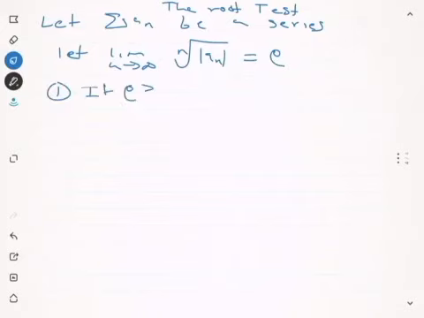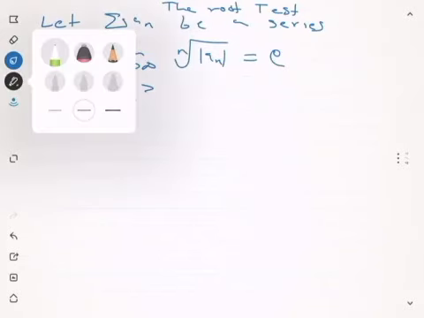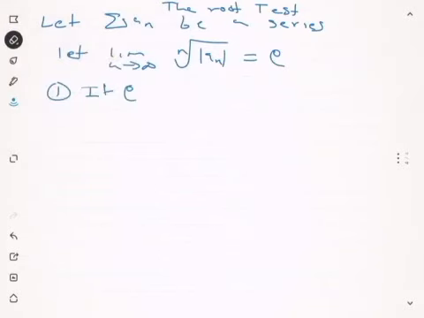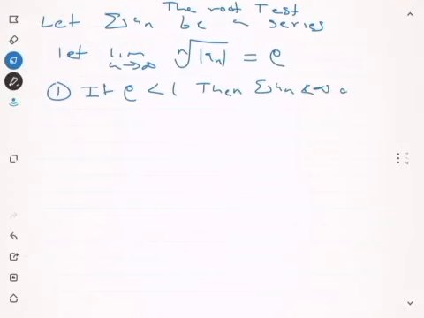If rho is smaller than 1, then a_n converges absolutely.